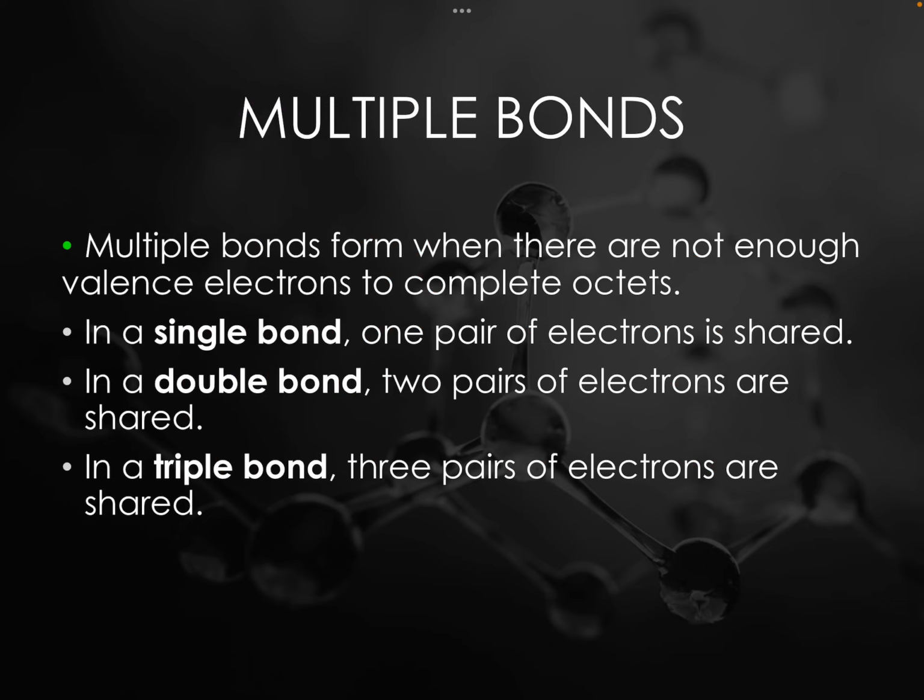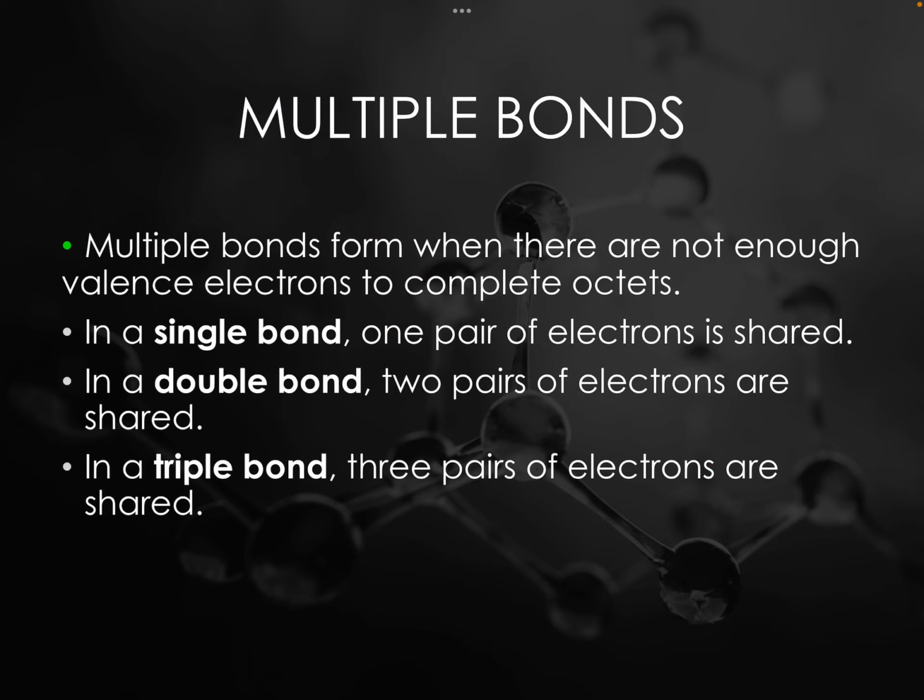So like I said, multiple bonds can form when there's not enough electrons to complete our octets. Essentially what's going to happen is we're going to add up the total amount of electrons we're able to use in our structure, and if we run out of electrons before everyone has an octet, then we'll need to make double bonds and triple bonds in order to make those octets happen.